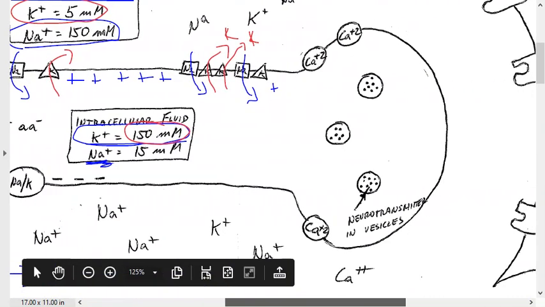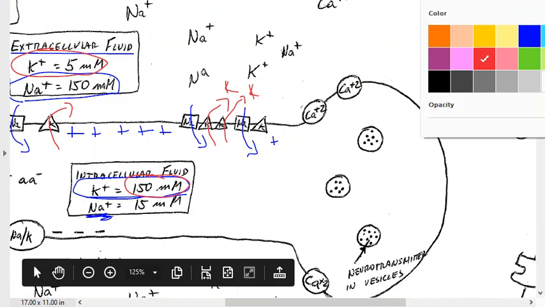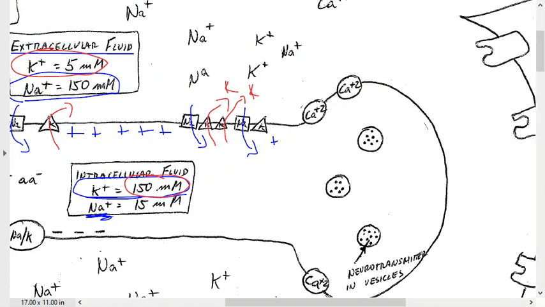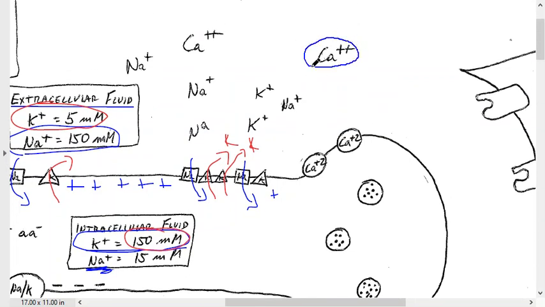All right, well, eventually that signal reaches, I'll go back to blue here, potassium in blue, these calcium voltage gated channels. Calcium is in a higher concentration outside the cell.